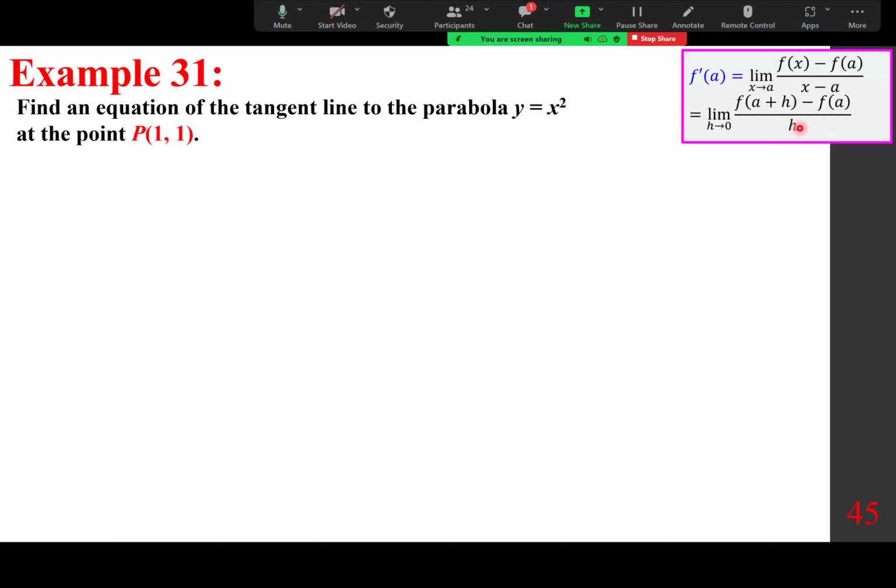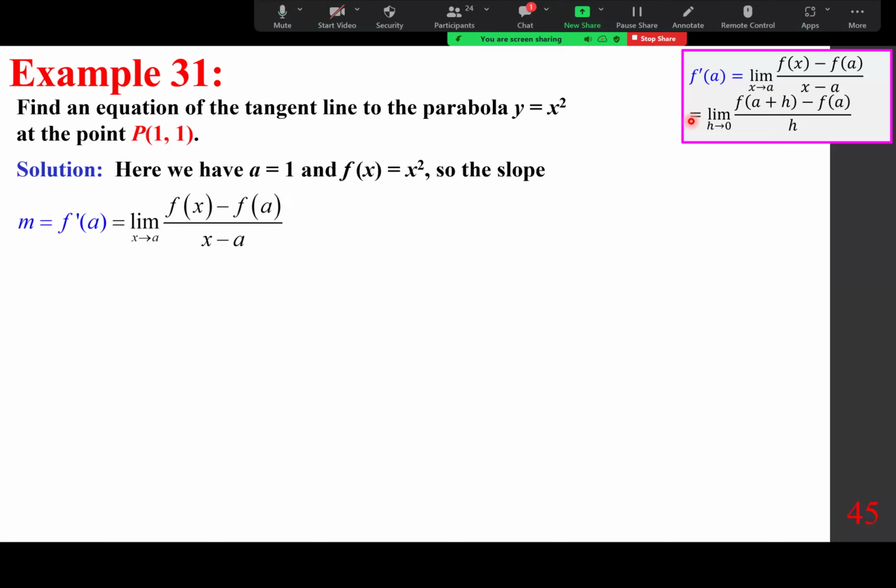So if we use, and you figure out one is easier than the other, this is more often used in general. So if we use the first one, okay, we know a is 1, and we want the limit of f of x minus f of a over x minus a as x approaches a. We are going to use this definition, and I'm going to use that definition also to find this slope.